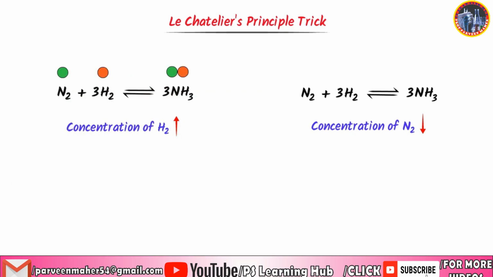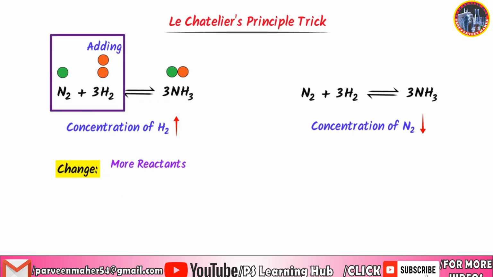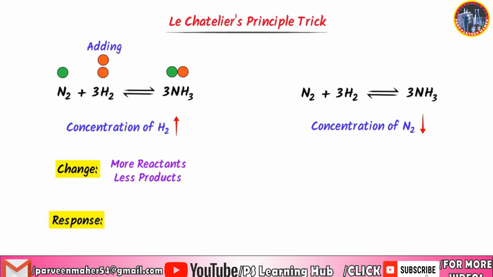Now listen carefully. When we increase the concentration of hydrogen gas, it means that we are adding more hydrogen gas. Here, if I ask you what is changed, your answer is simple. There are more reactants and less product. Secondly, if I ask you what is the response of this system, your answer is again simple.